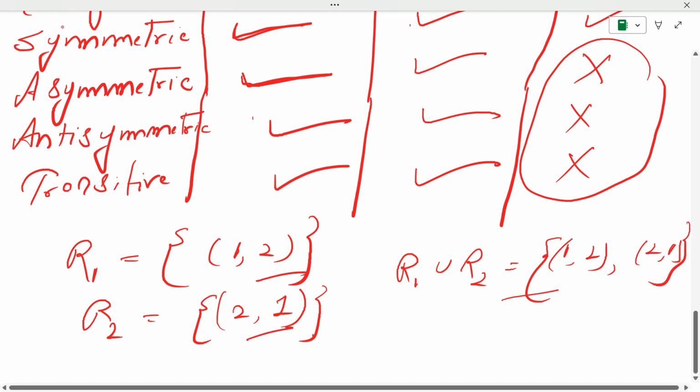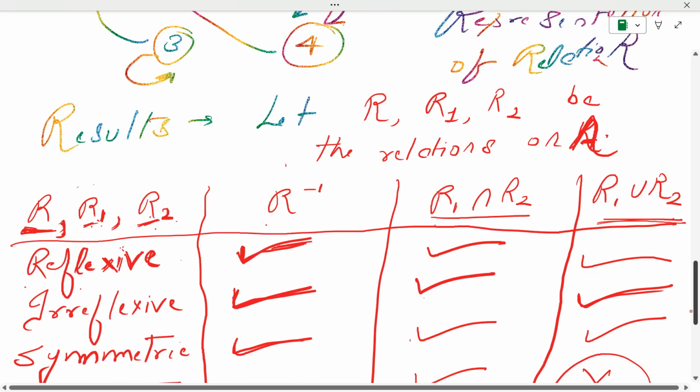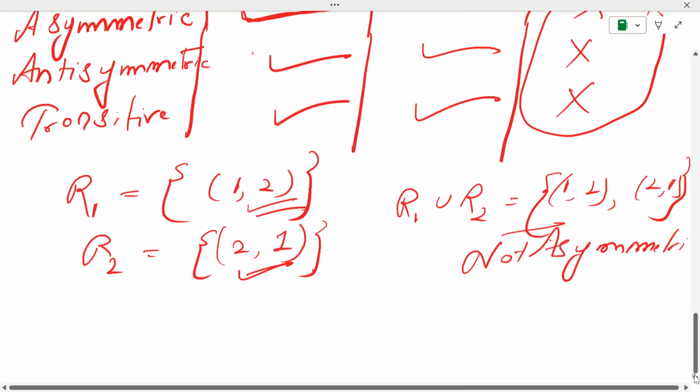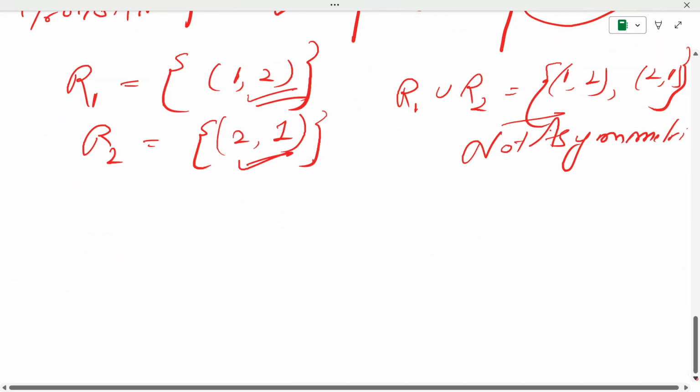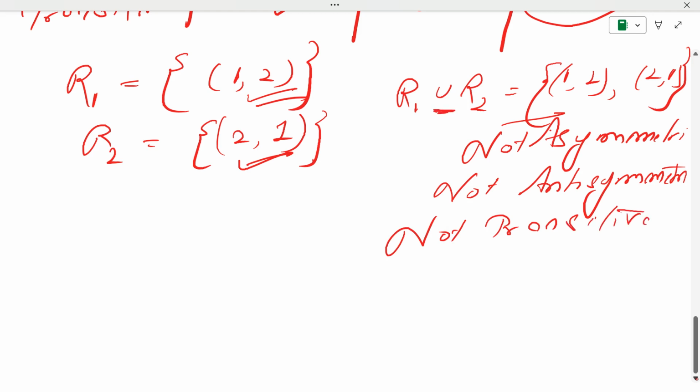But R1 is asymmetric and R2 is asymmetric, while the union is not asymmetric, and definitely not antisymmetric. And of course, it is not transitive as well. So these properties will not be valid for the union.